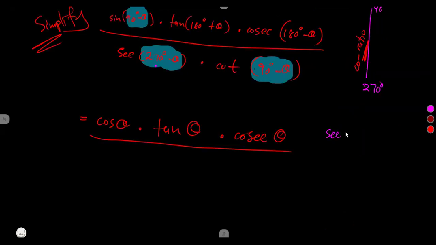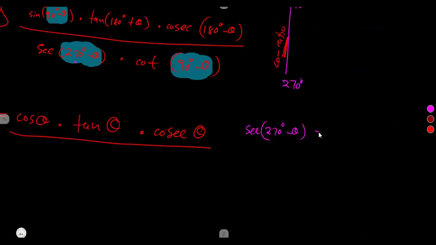If you say sec of 270 degrees minus theta like this, where is sec taken from? Sec, it's 1 over what? Sec, it's 1 over cos. So if it is sec theta, 1 over cos theta. So if it is sec of this one, it means also 1 over cos of that angle, 270 degrees minus theta.